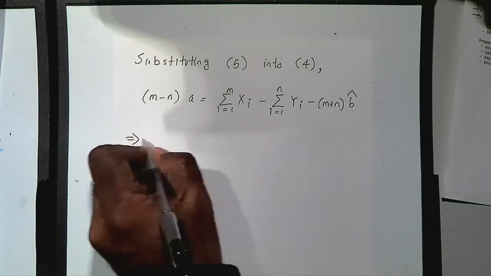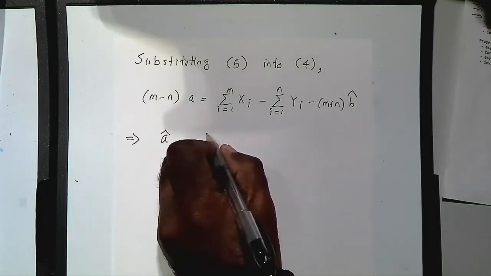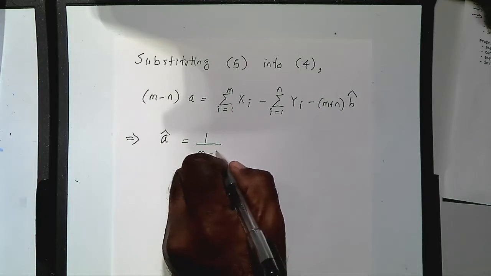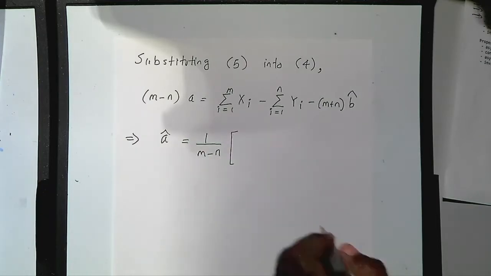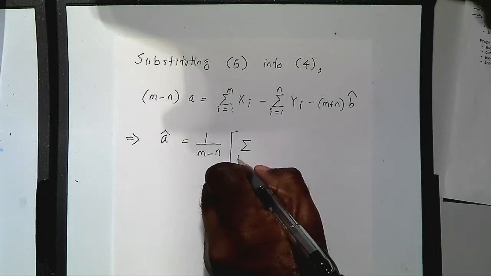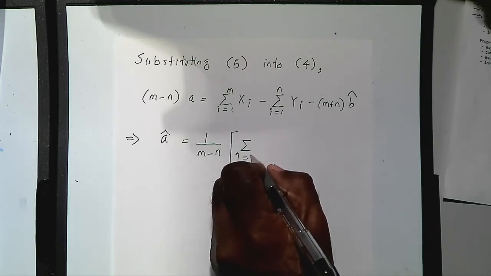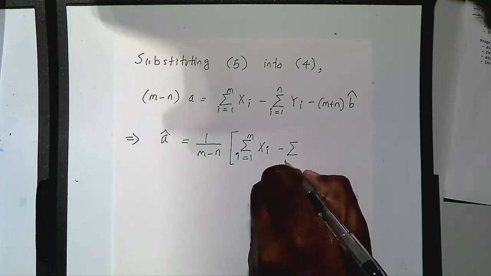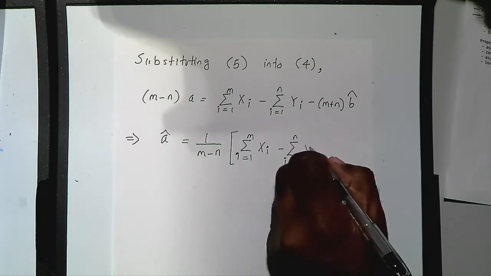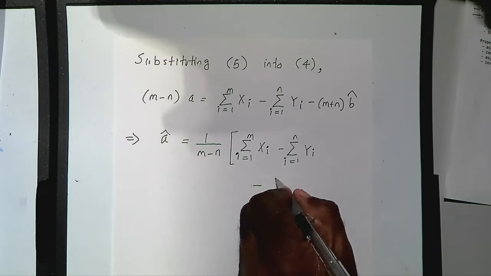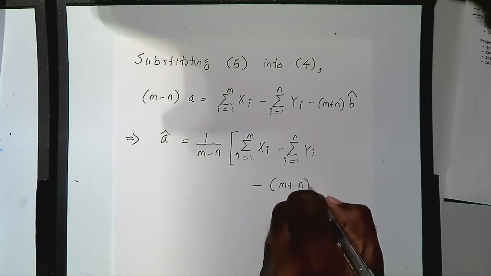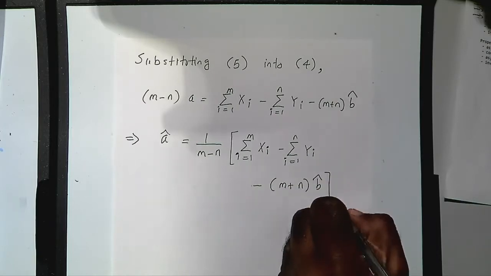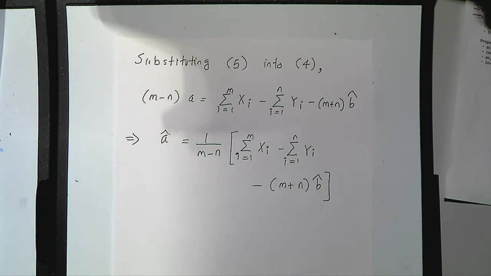So this implies that A hat is equal to 1 divided by m minus n multiplied by, right. This is the solution for A, and this is the solution for B, right?